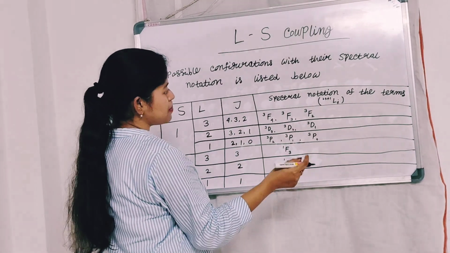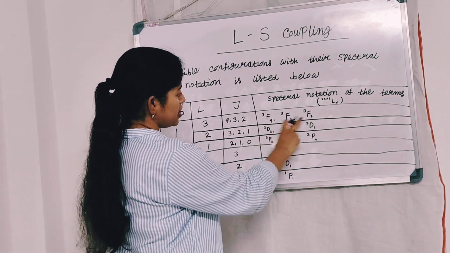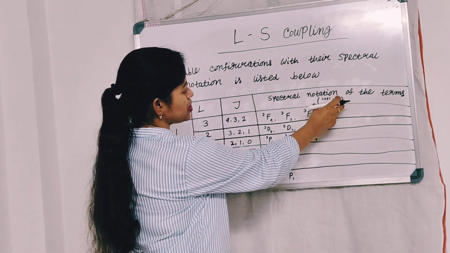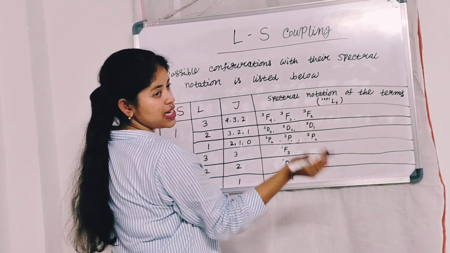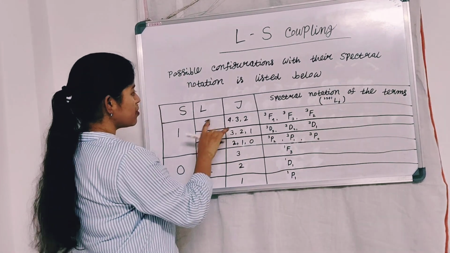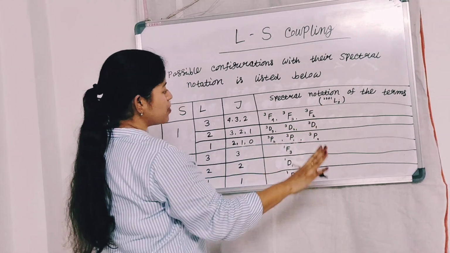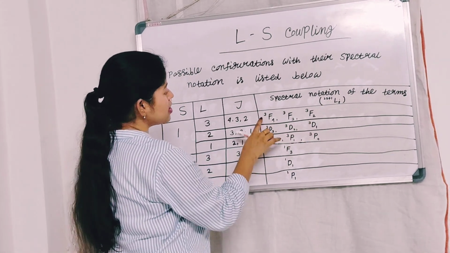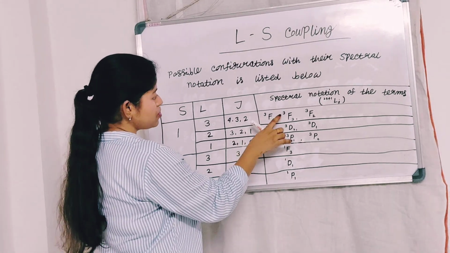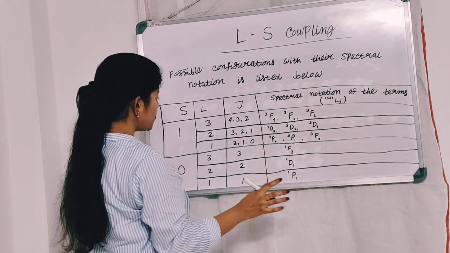We can write the spectral notation in this form, considering the general expression which is ^(2S+1)L_J. Putting the values of S, L and the J values here, we can get these terms: ³F₄, ³F₃ and ³F₂.